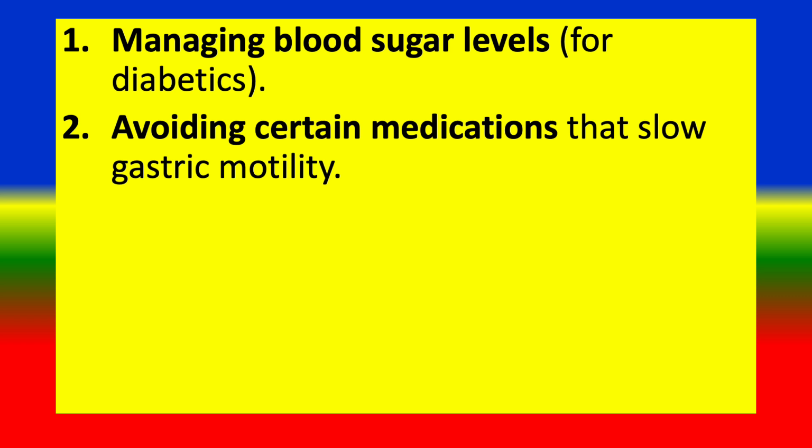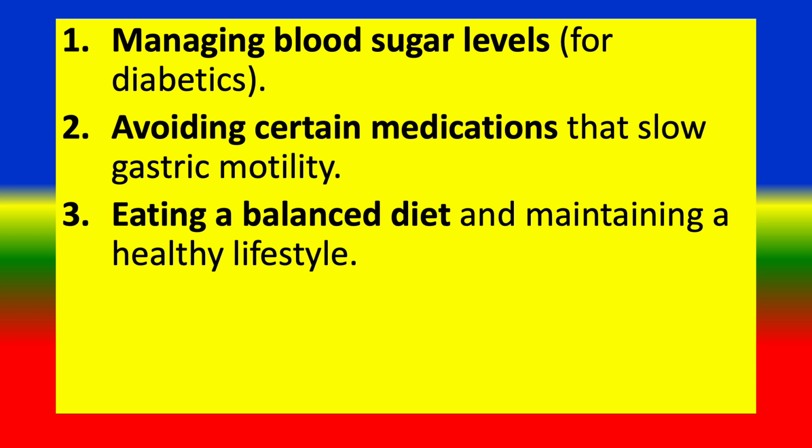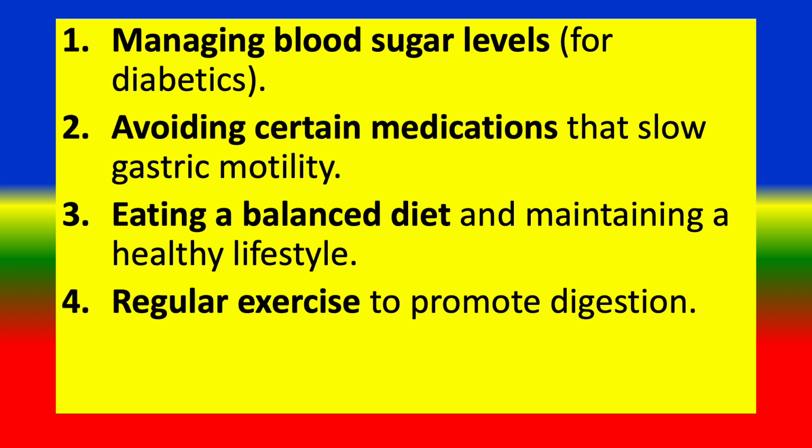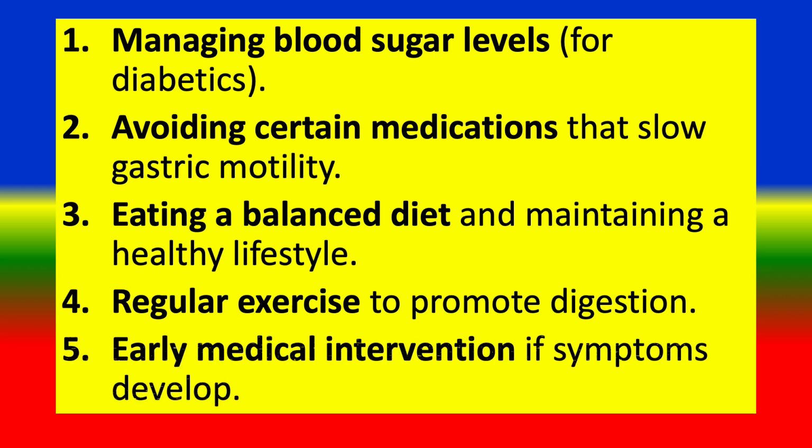Avoiding certain medications that slow gastric motility. 3. Eating a balanced diet and maintaining a healthy lifestyle. 4. Regular exercise to promote digestion. 5. Early medical intervention if symptoms develop.